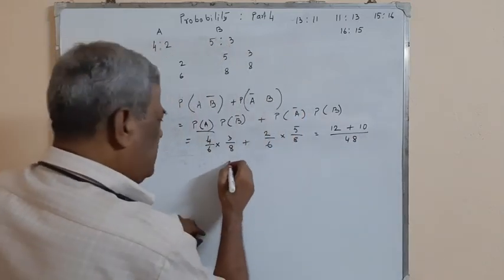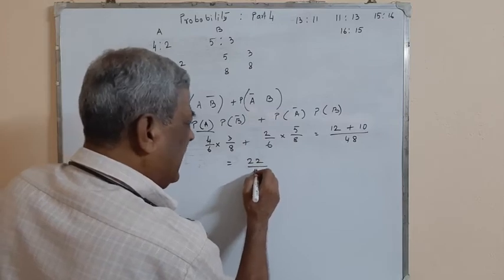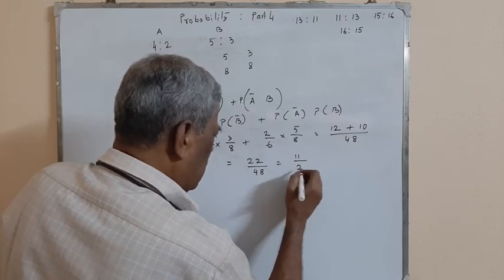That is, it is equal to 22 divided by 48, so that it is 11 by 24.